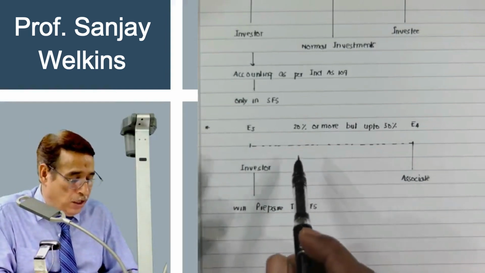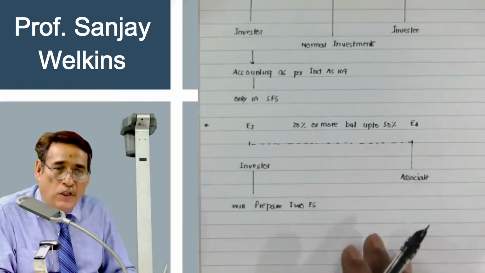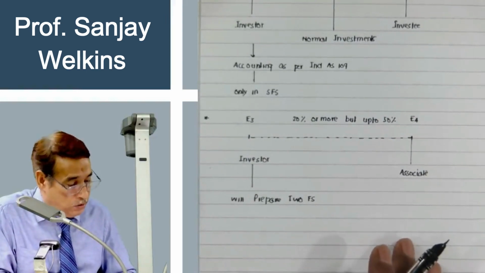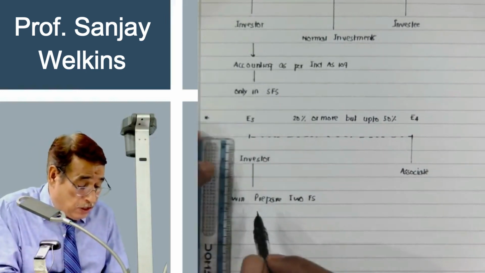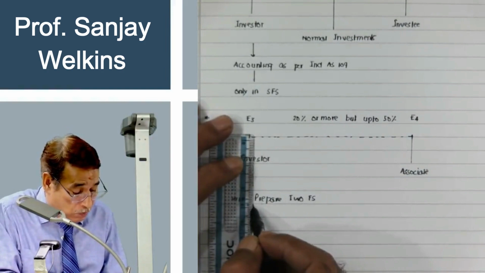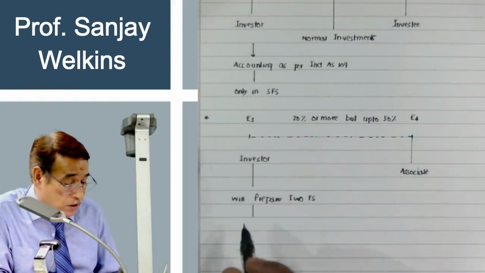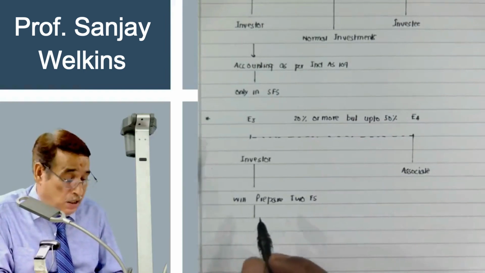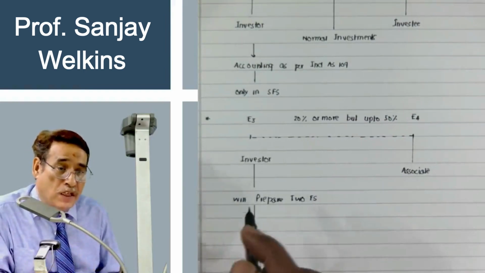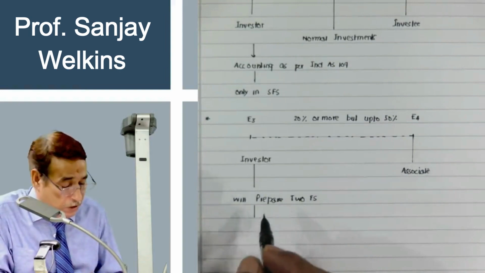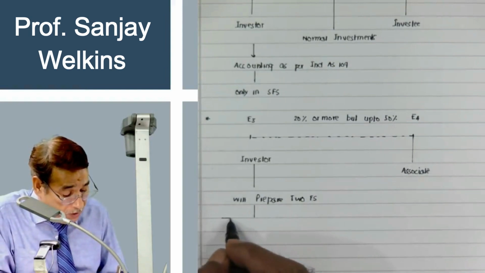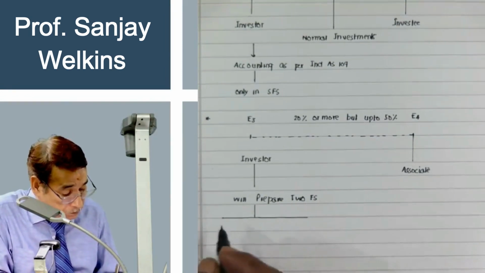However, we are going to take up all these terms later on when we take the chapter or standard on associate. Correct? Anyway, at this moment, you need to just keep in your mind that when our investments are in between 20% to 50%, then the other entity is our associate entity. In that case, the investor company will have to prepare two financial statements, one separate financial statement.